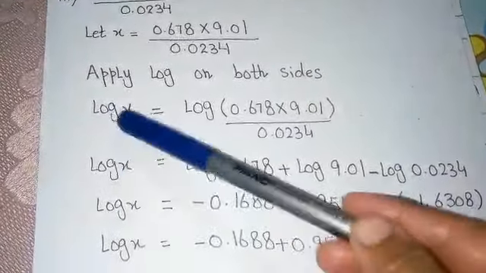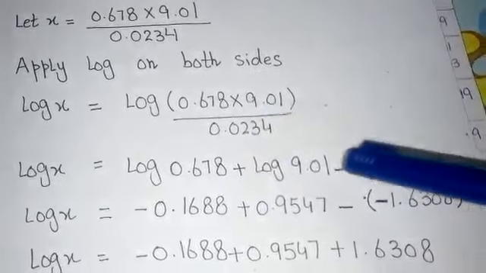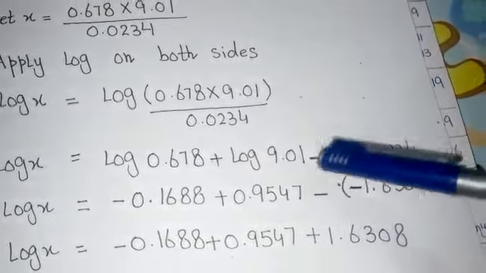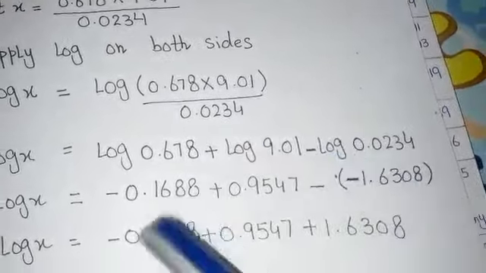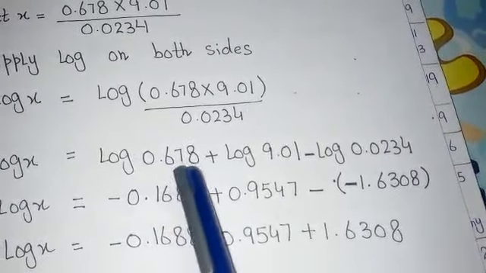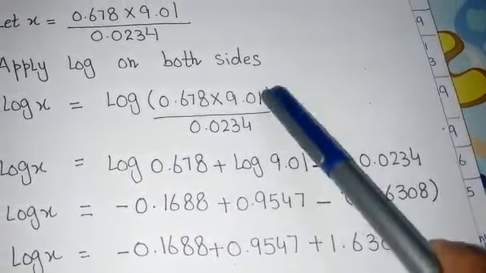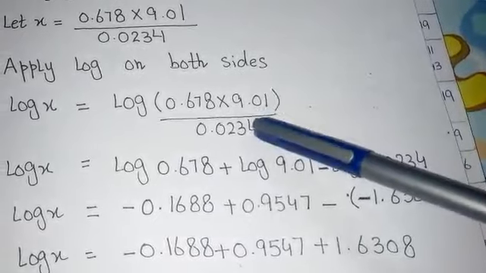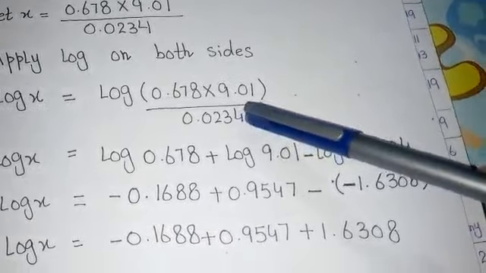So it becomes log of 0.678 plus log of 9.01. But 0.0234 is dividing, so here comes a negative sign according to the second law. So it becomes log of 0.678 plus log of 9.01 minus log of 0.0234.